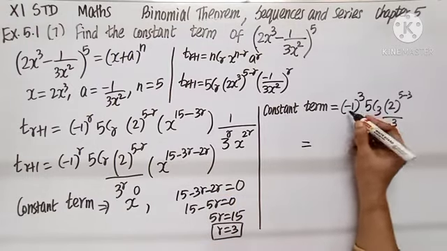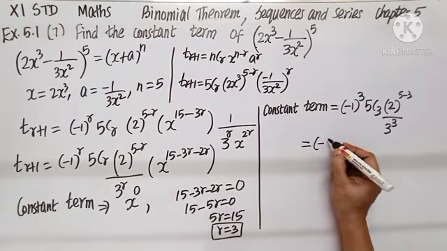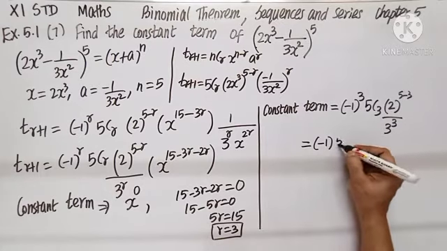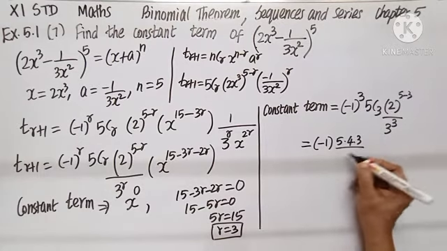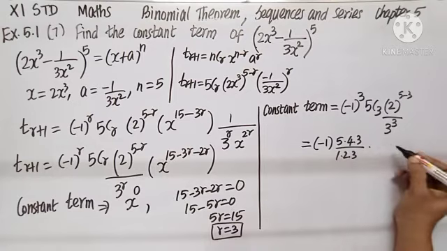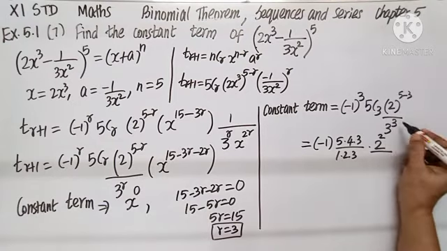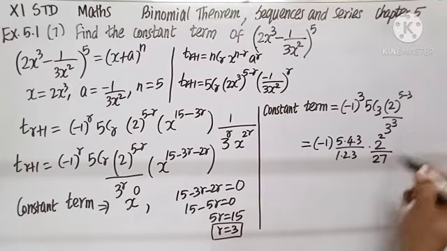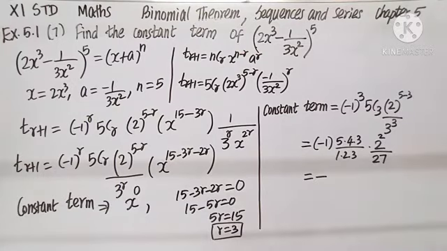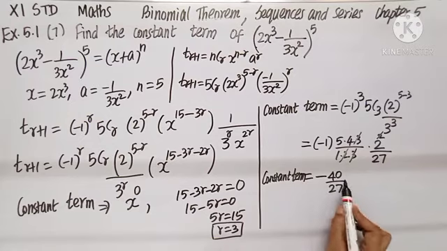Now, minus 1 power 3 is minus. 5C3 is 5 into 4 into 3 by 1 into 2 into 3. 2 power 5 minus 3 is 2 squared. 3 power 3, 3 into 3 into 3, that is 27. Simplifying, we get minus 40 by 27.